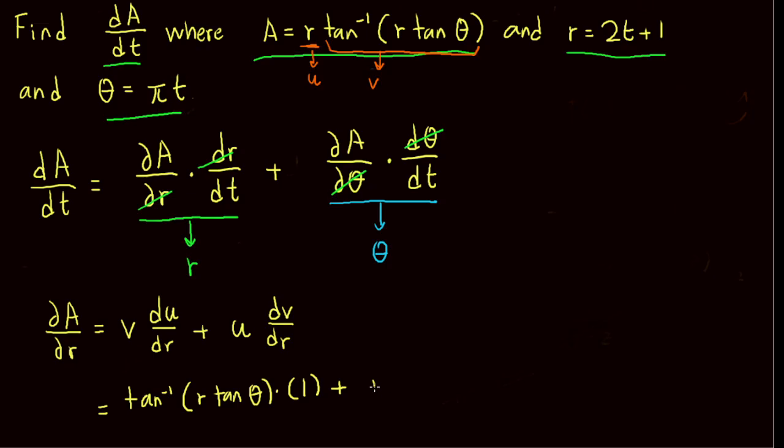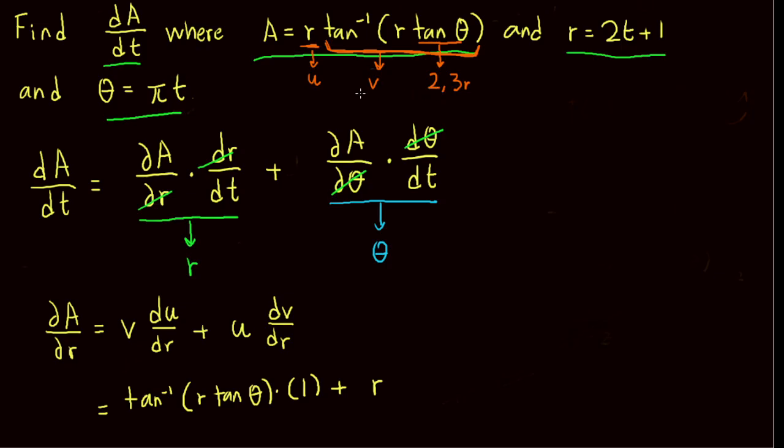And then U is R, and we have to find dV/dr. Now dV/dr is basically the derivative of tan inverse, and we can treat tan theta as a constant, as if it was a 2 or a 3, like 3R or 2R in this case.